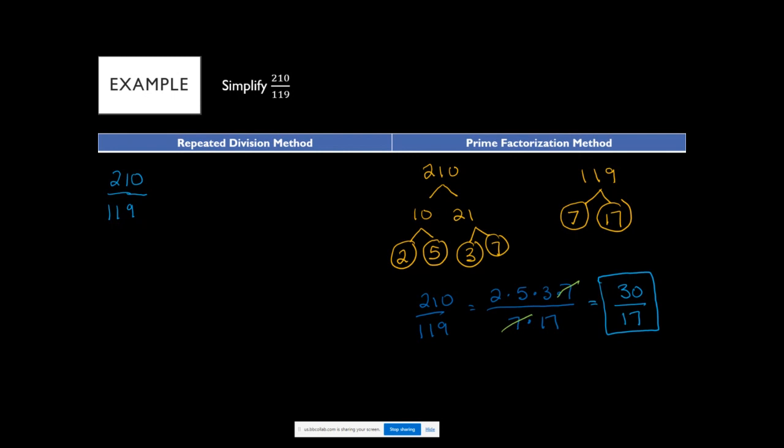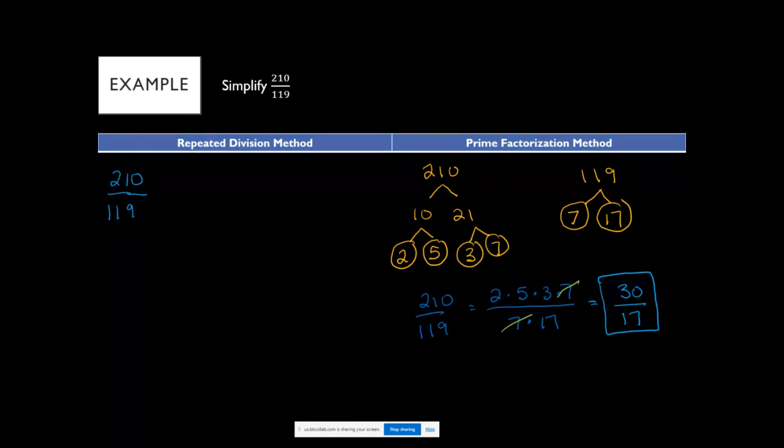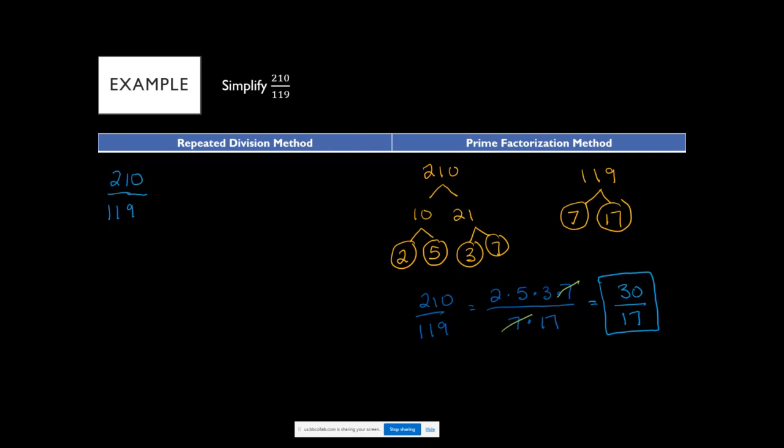210 divided by 4. Nope. Okay, let me try 210 divided by 5. That works. Does 5 go into 119? No. With larger numbers like this, if you can't think of a number that goes into it, like 119, if you can't think of anything off the top of your head, then you have to sit there and try every single number, and you have to try it in both of them.